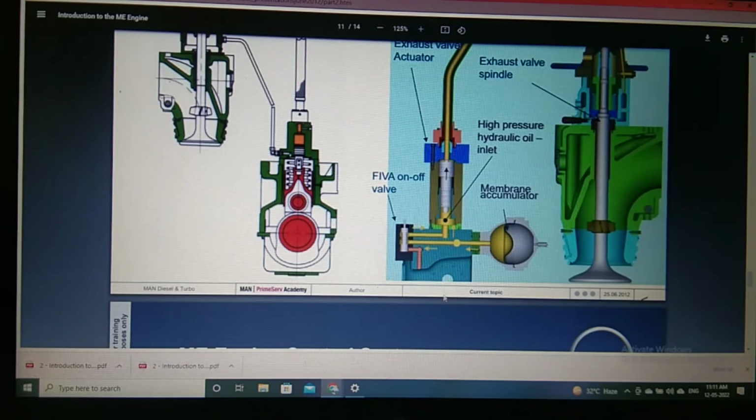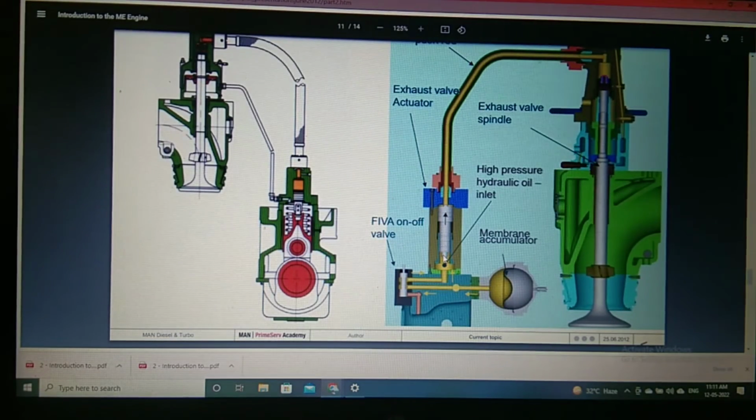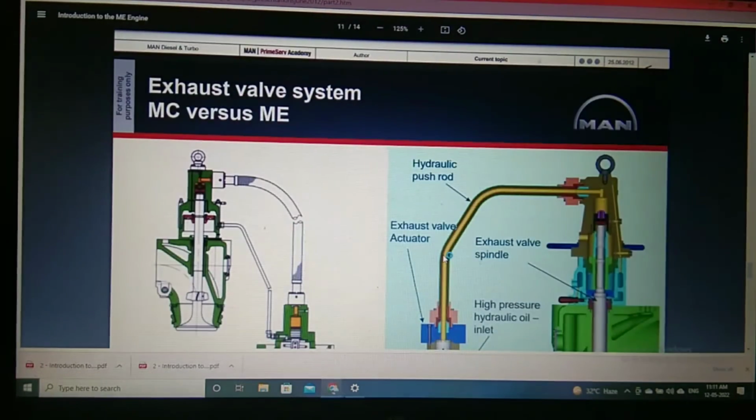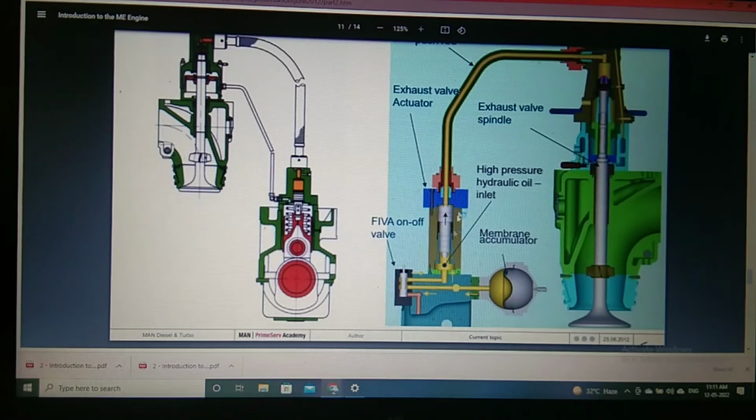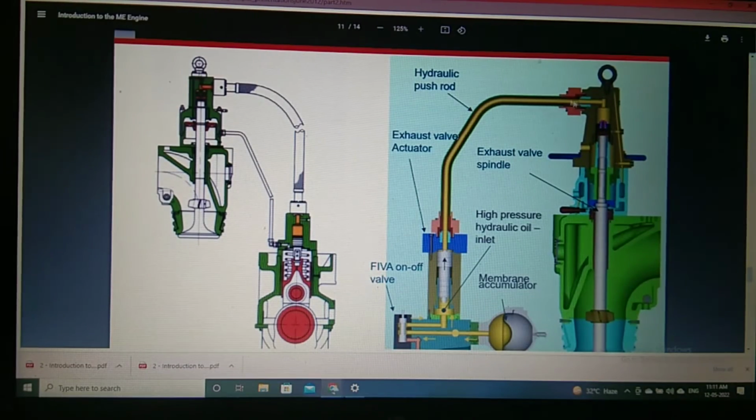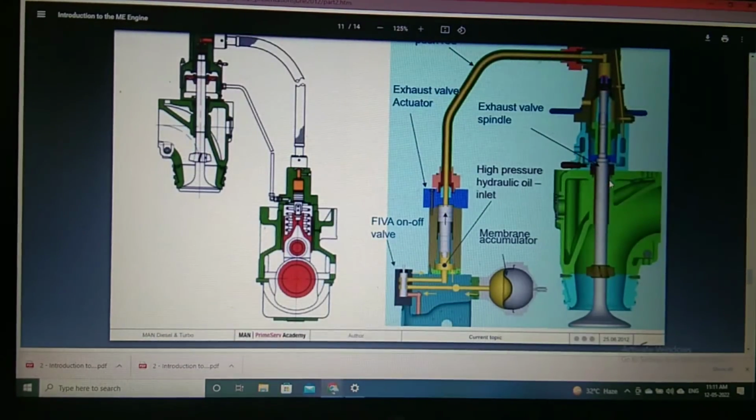So this is the actuator. This is a FIVA valve, on off valve, solenoid valve, which supplies hydraulic oil to the actuator. Okay, so this is the hydraulic oil which is present here. This is the hydraulic actuator, this is the accumulator, where the pulsation and constant pressure should be there, right? And this is your hydraulic oil which is present here to open the valve.